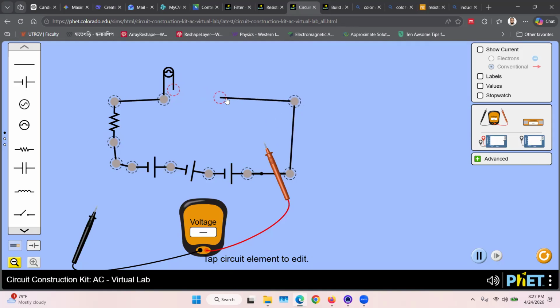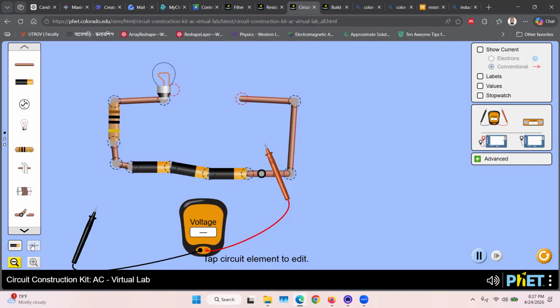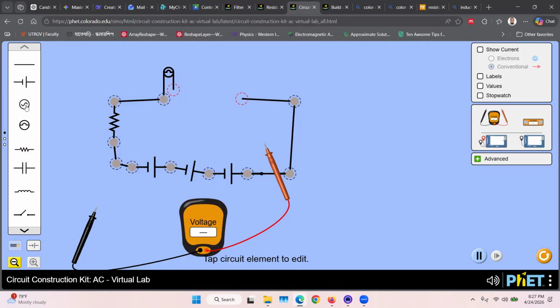So one after another, if we put a light bulb, it's a different kind of resistor. Okay, this is the light bulb. We need another light bulb. Right now we are adding them up with the wire. This is the wire, and this is the resistance unit.